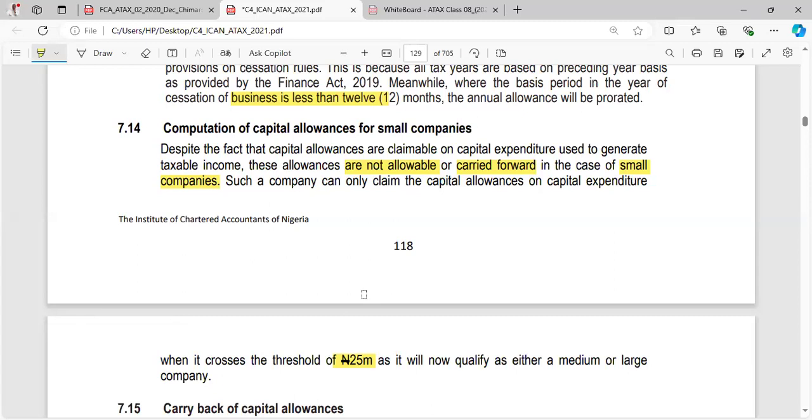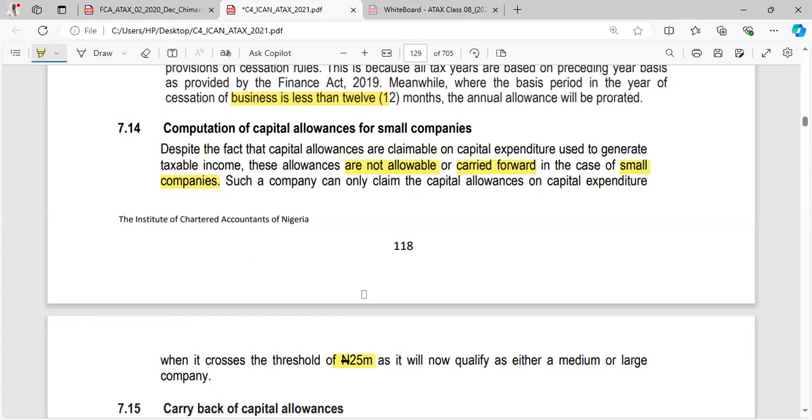On what? Your assessable profit or your taxable profit is zero. You are not claiming tax or your tax rate is zero. You are not claiming capital allowance. So you cannot compute capital allowance. So because the company is under the threshold, it will not compute capital allowance.